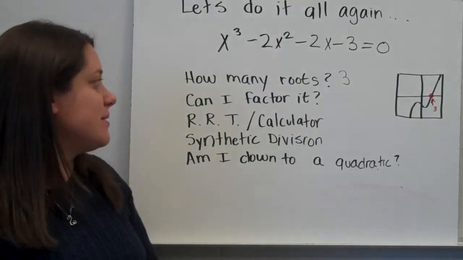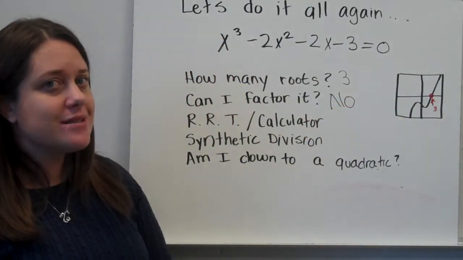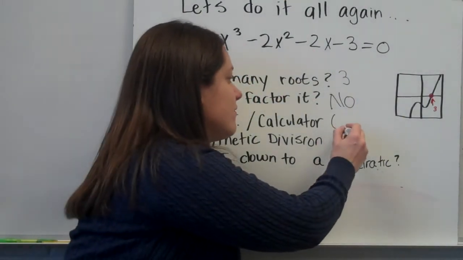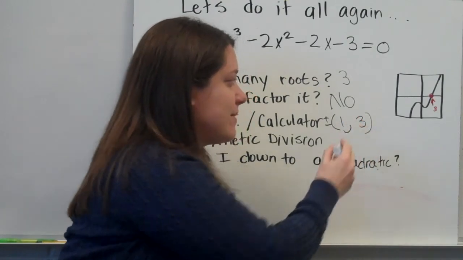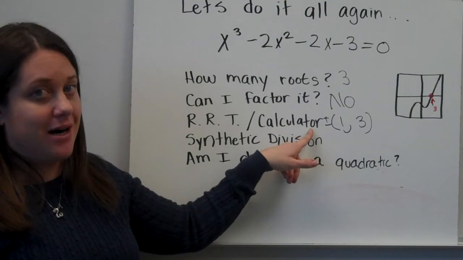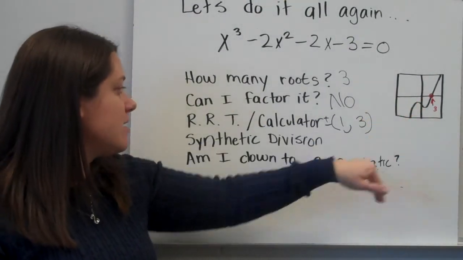Okay, nope. Not going to be able to factor. No. Rational roots theorem? Yes. 3 over 1. So I have plus or minus 1 and 3. That makes it pretty easy. I don't have too many. Calculator assistance? Obviously. That's what it looks like. I can see it goes through at 3.